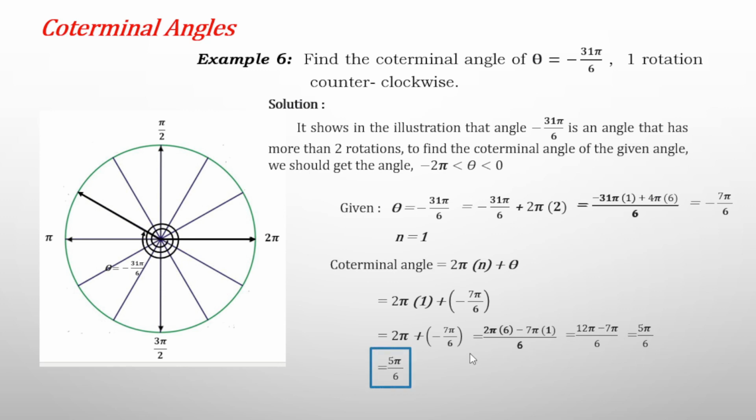Then the coterminal angle of the given angle negative 31 pi over 6 having one rotation clockwise is 5 pi over 6. So if we graph now 5 pi over 6, this is the graph of the coterminal angle 5 pi over 6 of negative 31 pi over 6 having one rotation clockwise.